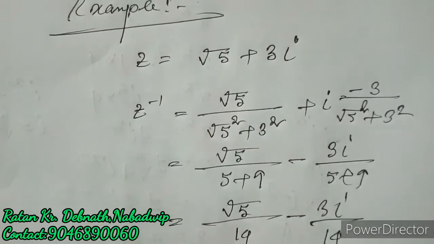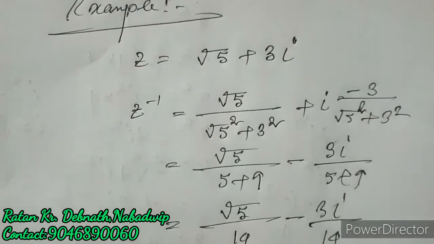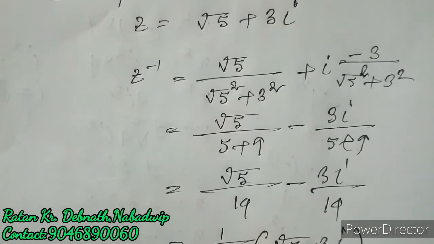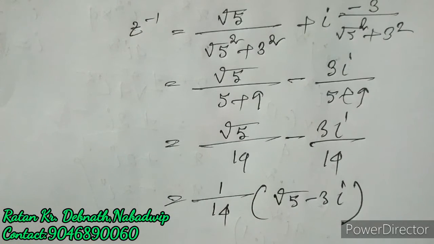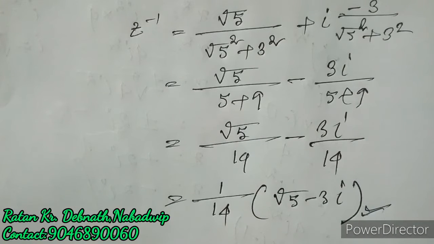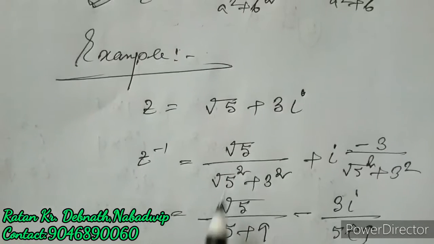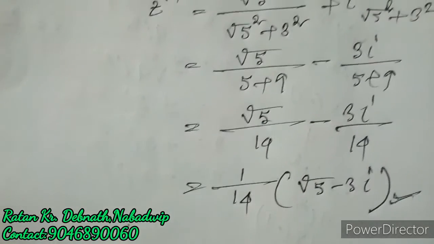Taking 1 by 14 common, 1 by 14 into root 5 minus 3i. This is the multiplicative inverse of the given complex number root 5 plus 3i.